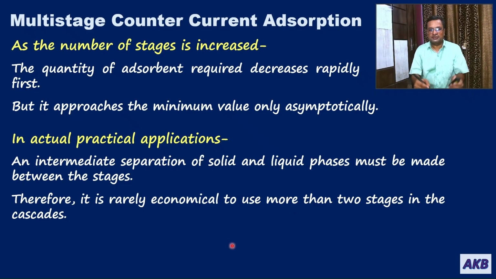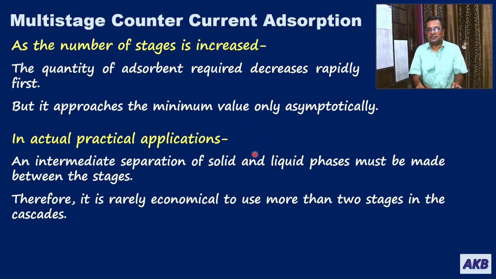Here I have discussed multi-stage counter-current adsorption operation. I have discussed how to write the material balance for a typical counter-current cascade containing n number of stages, how to get the equation of the operating line, and how to plot the operating line on the equilibrium diagram.